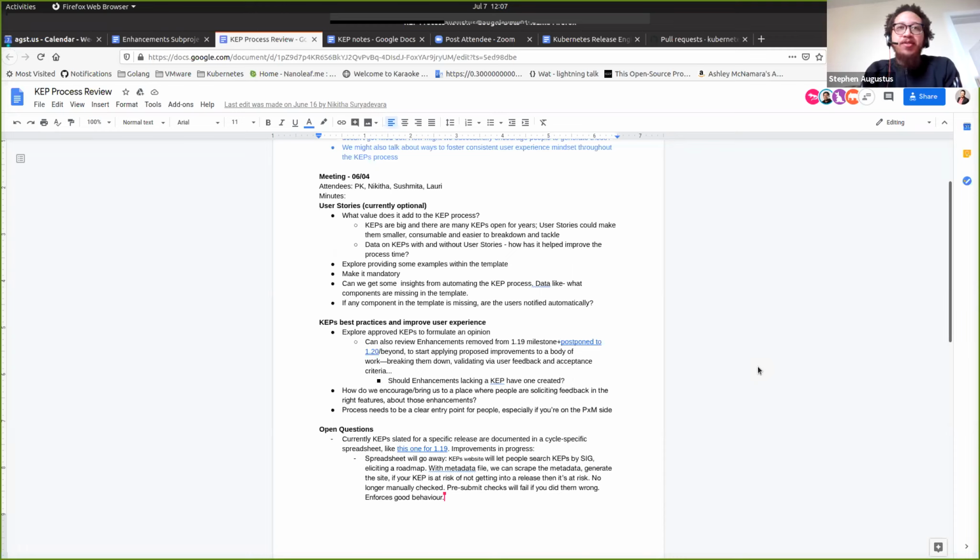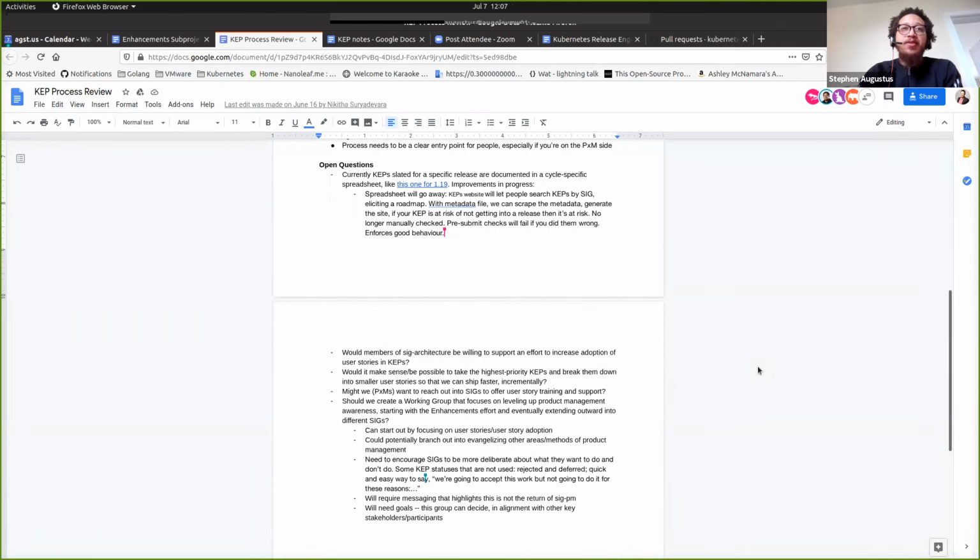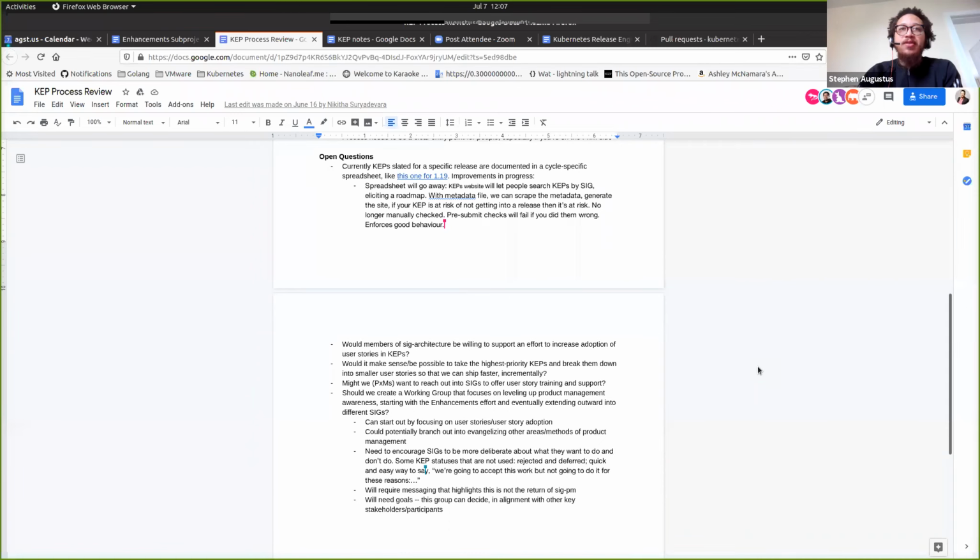Definitely the user stories. I think that's a big piece that John had mentioned earlier. Talking about best practices and improving the user experience overall for KEPs. And then we can see that there are a lot of open questions around the process.